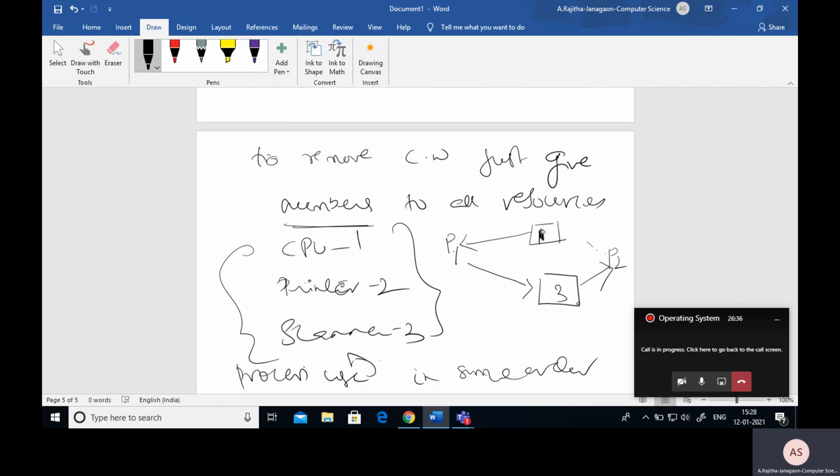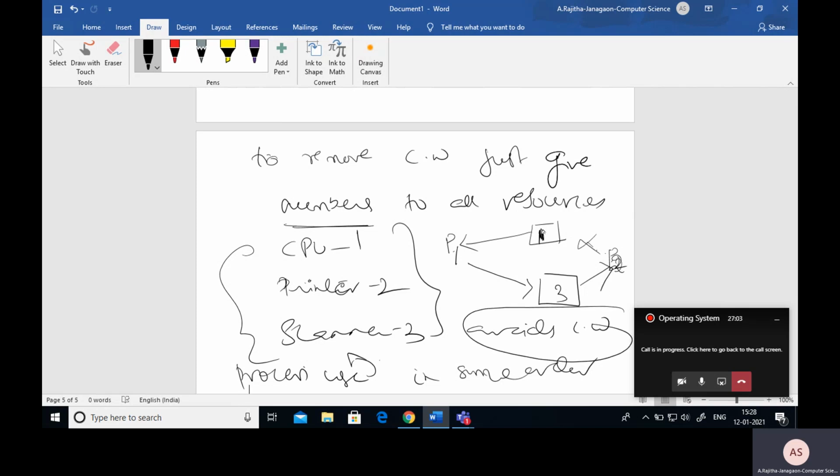So it avoids a circular wait. Based on this numbering, some order is followed. Resource 3 is assigned to P2, but this is not assigned here. That means a process holding a higher resource number is not given a lower resource number. So there is no circular wait, and it avoids circular wait.